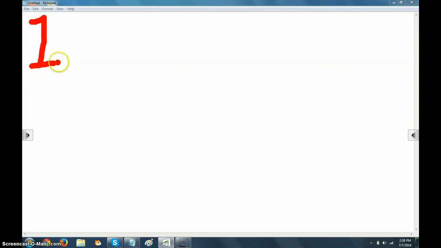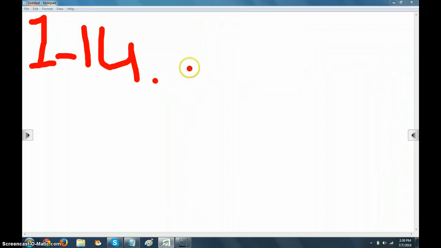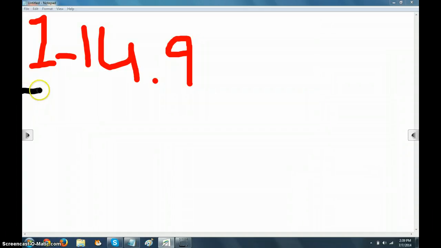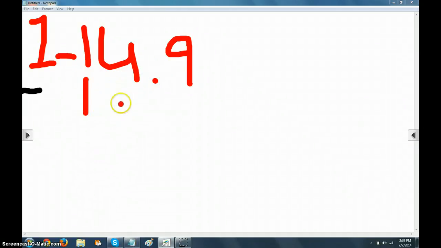Example number one says 14.9 minus 12.2. Good example.